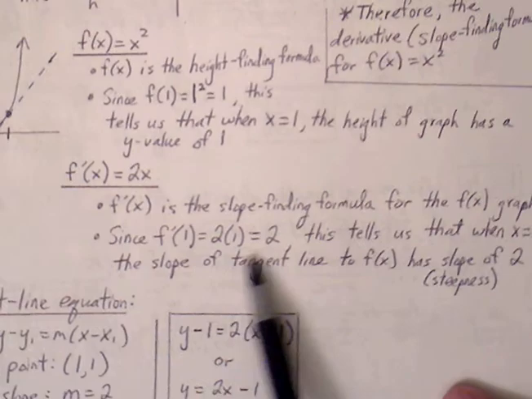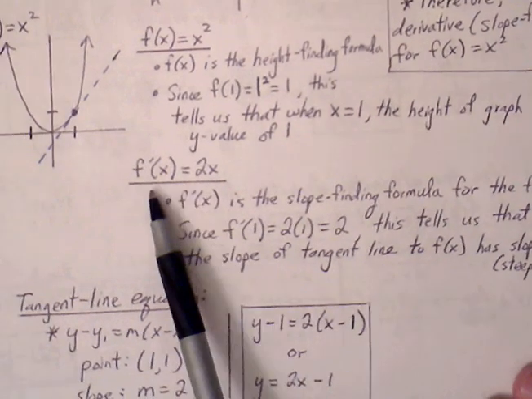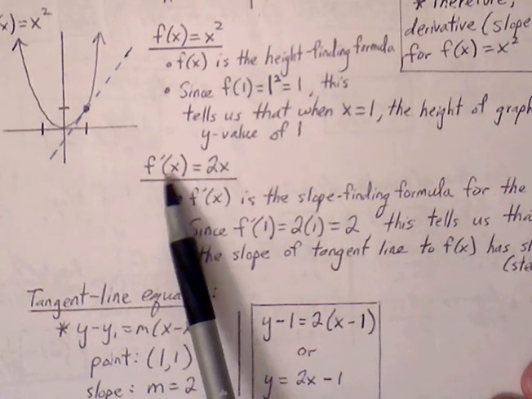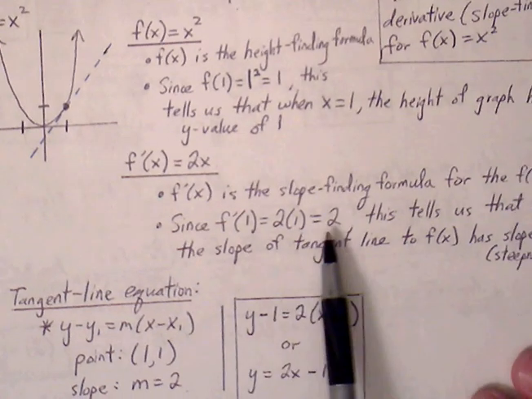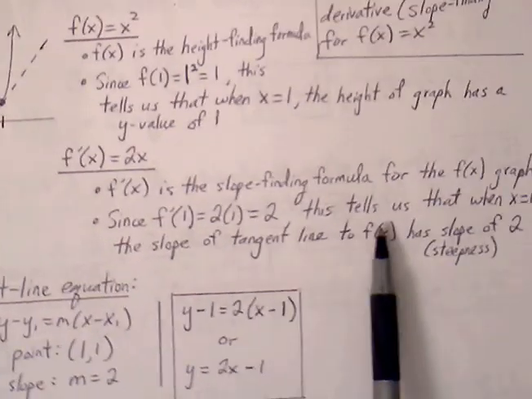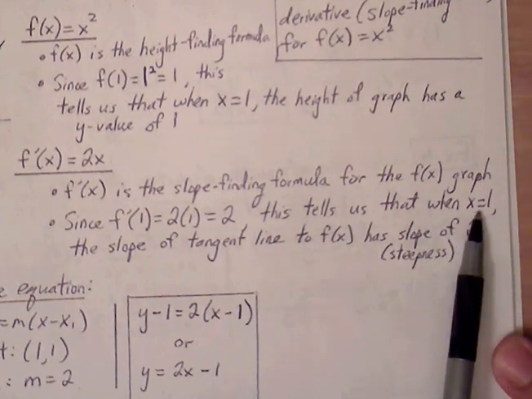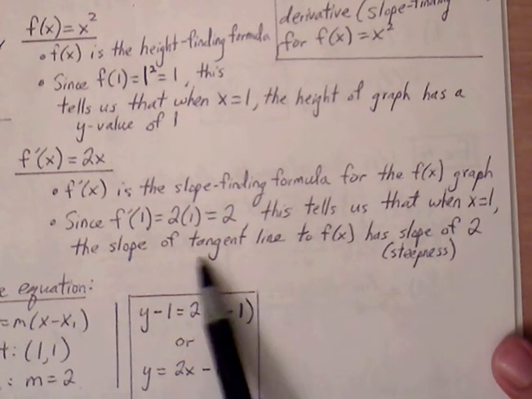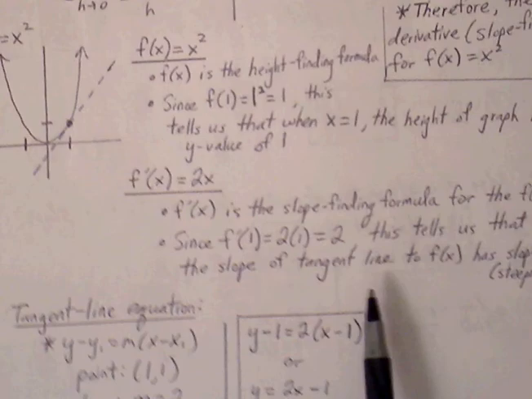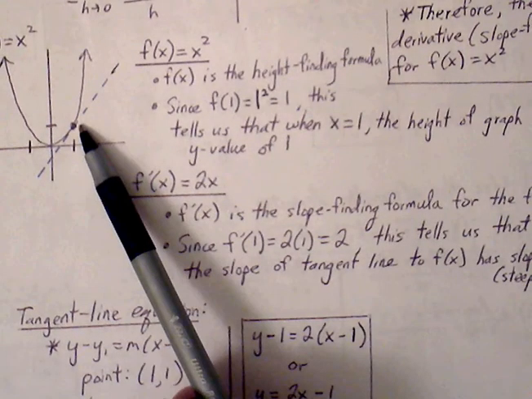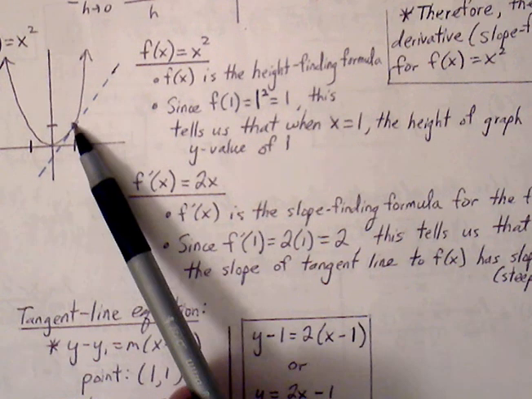So if I plug 1 into my derivative function, f prime of 1 will give me 2 times 1, which is 2. And 2 is not the location. 2 is going to tell us that at this x value, 1, the slope of the tangent line to the curve has a steepness or slope of 2. And we can visually see it here. The ordered pair is going to be 1, 1, but the slope at that point is going to have a steepness of 2.